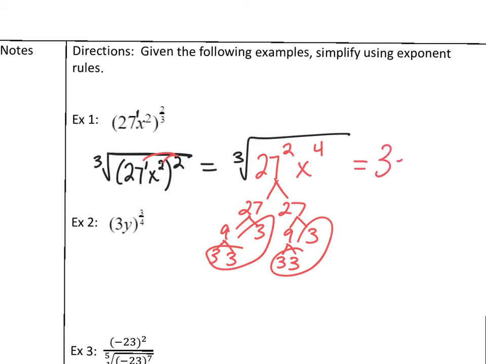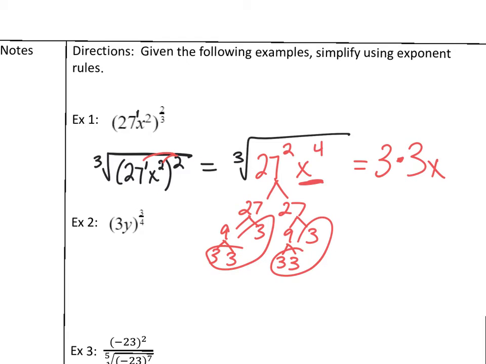So 3 times 3, I'm going to write out front of my answer. What about these x's? How many groups of 3 do I have? 1. So I'm just going to put a 1x, or x to the 1st. Anything left? Yeah, the x. There's 1x left, right? Because I had 4 and I only needed groups of 3, so I had 1 left.